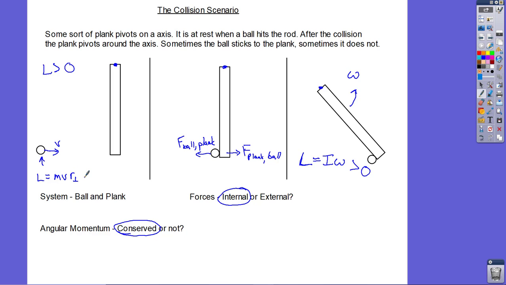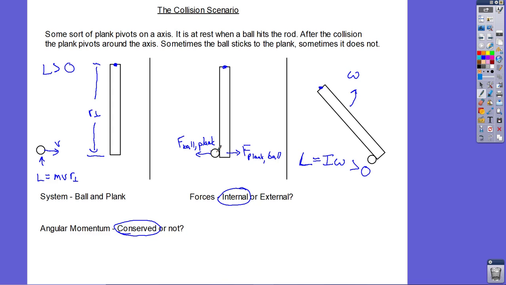So what's r perpendicular? r perpendicular would be the perpendicular distance between the pivot point and the line that this is traveling on. So what we know is that everything works out if we say that something moving in a straight line actually has angular momentum because it's moving along a line that doesn't go through the pivot point. So I just want you to think about that.